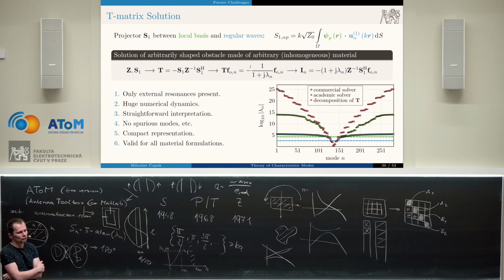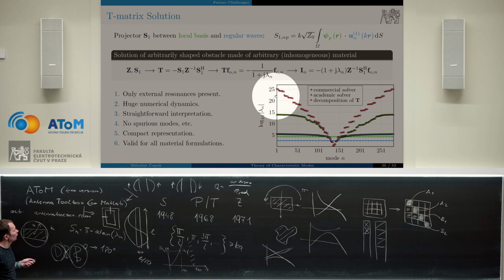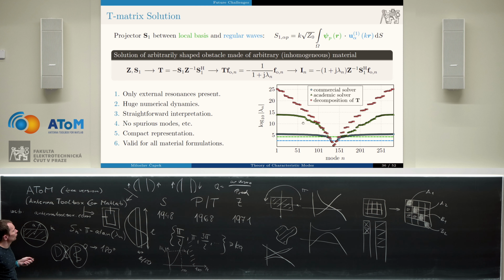You have extremely huge numerical dynamics, partly also because of this reason, because take a look at this figure. The commercial solver is represented here by the blue markers. And you can see that the saturation of the numerical dynamics is only at the fifth digit.